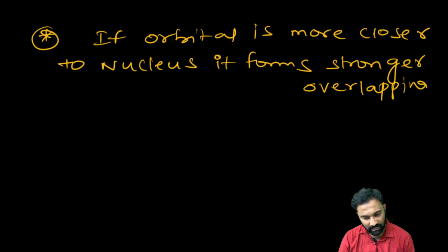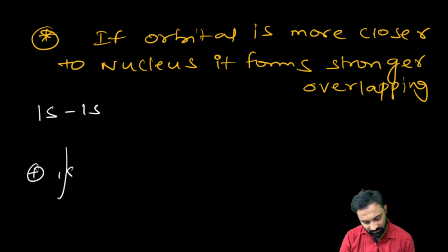For example, the 1s orbital is nearer to the nucleus, we know. The 1s orbital contains electrons, right? Now these electrons are nearer to the nucleus, means the positive charge of the nucleus and the electrons are attracting.